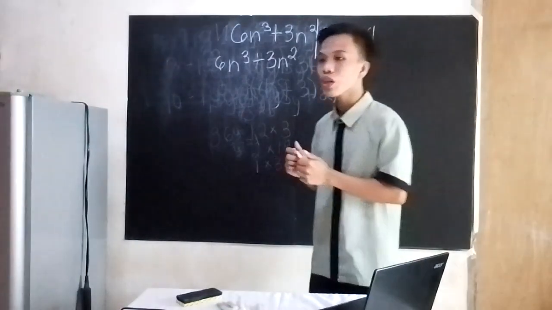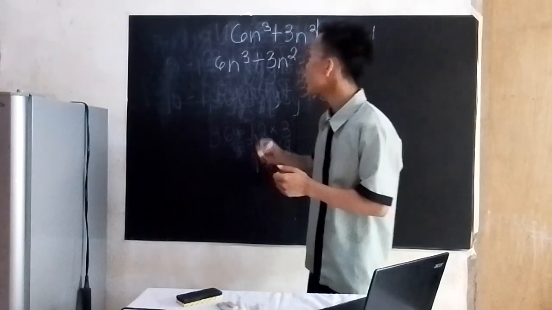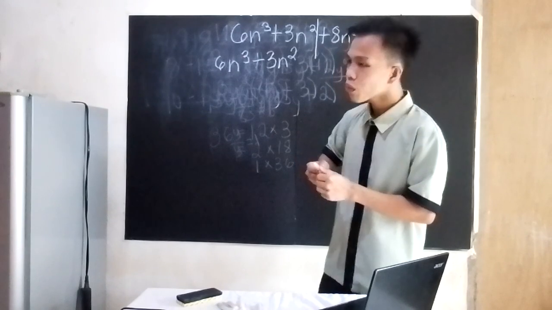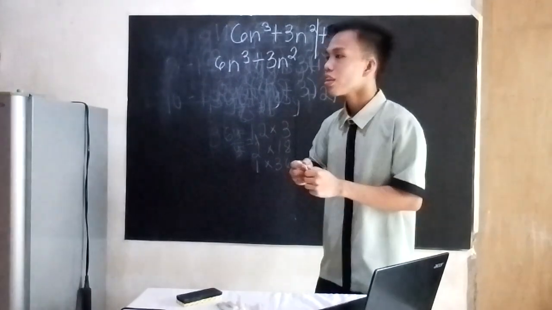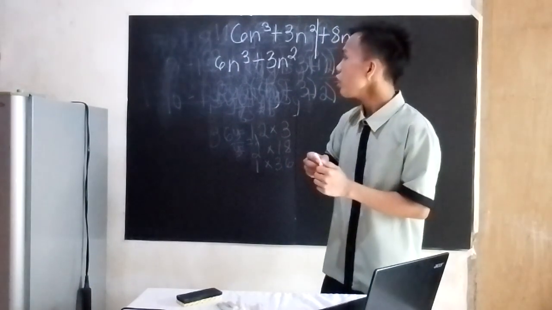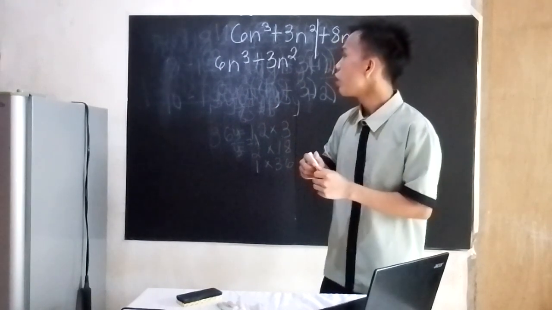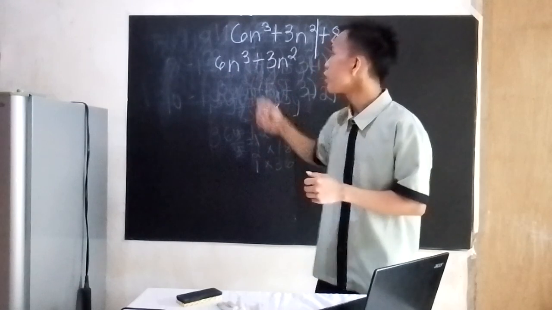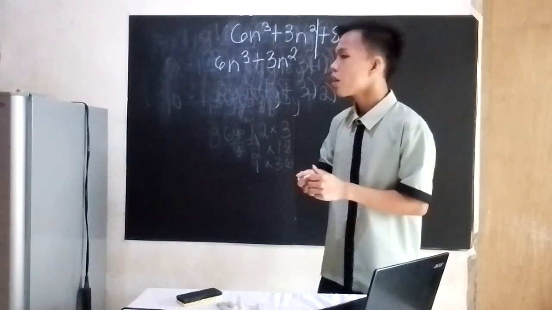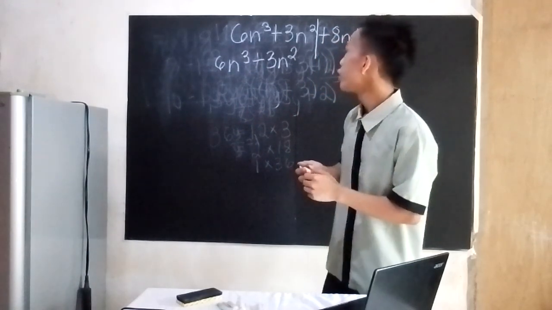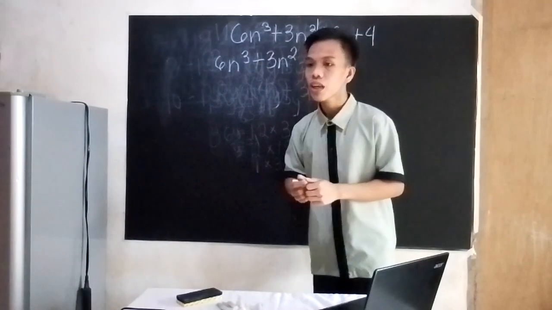That's right. So, we are going to use the greatest common factor. So, Mark, you said that they have the same variable and they are both divisible by 3, can you perform the greatest common factor?